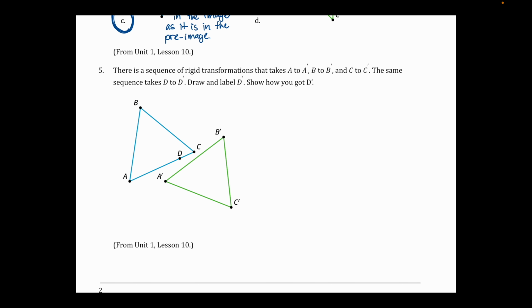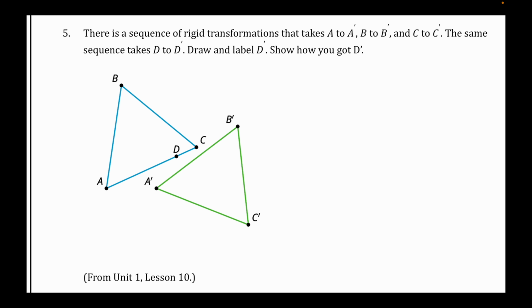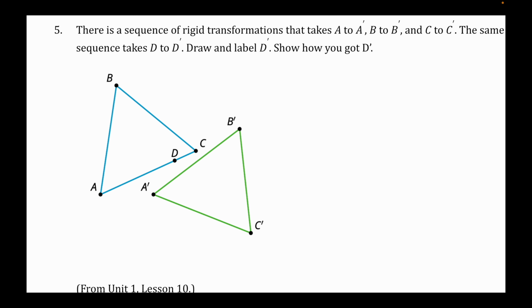So I'm going to use red to make my color stand out a little bit. It does kind of look like this might just be a little bit of a rotation and maybe a translation, but D is kind of this distance away from C, so I want to make sure that my D prime is that same distance away.